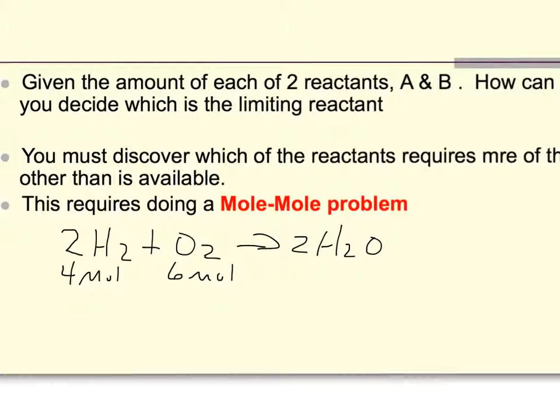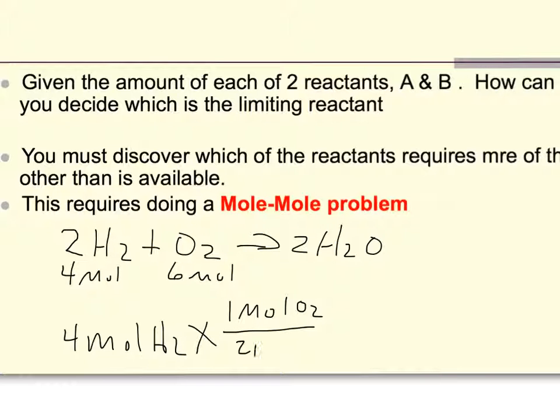Which one of these is our limiting? Well, let's start off with our 4 moles of H2. We'll do a mole-mole between our reactants. We have 1 mole of O2 because our coefficient for oxygen was 1. We have 2 moles of H2 because our coefficient was 2.